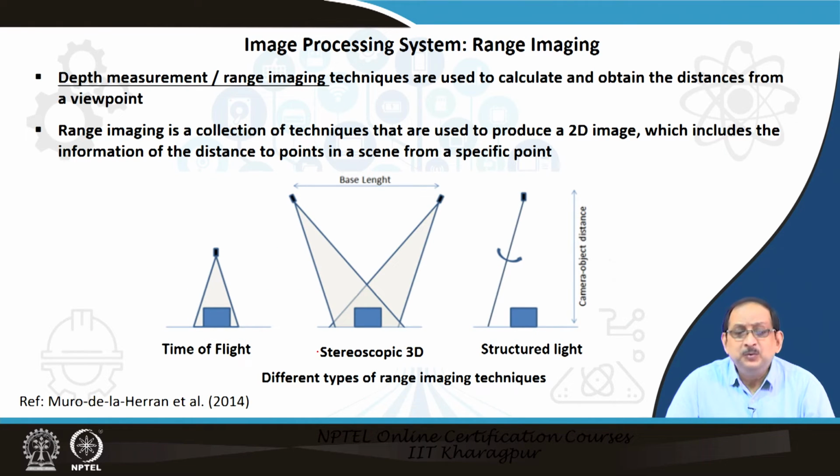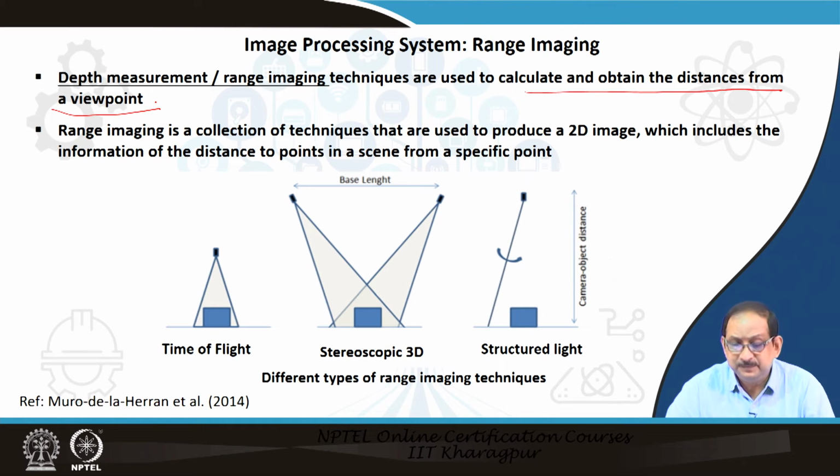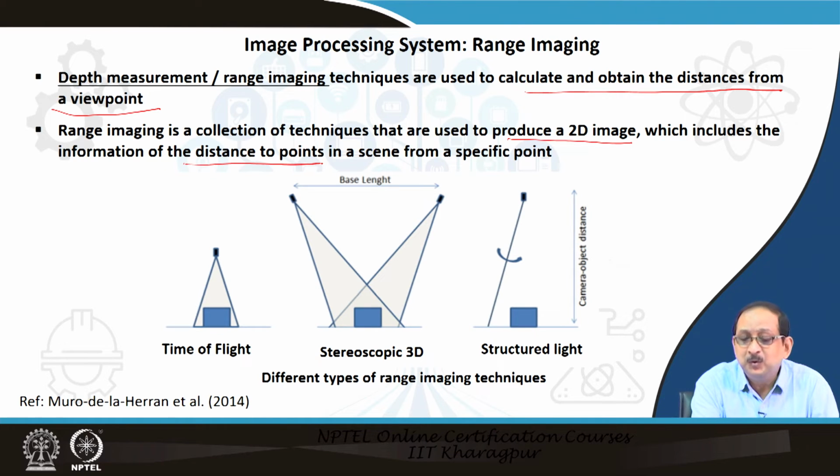Now, let us come to one of the systems, the range imaging system. It is basically a depth measurement, range imaging technique. This technique is used to calculate and obtain the distances from a viewpoint. So, range imaging is a collection of techniques that are used to produce a 2D image, which includes information of the distance to points in a scene from a specific point.